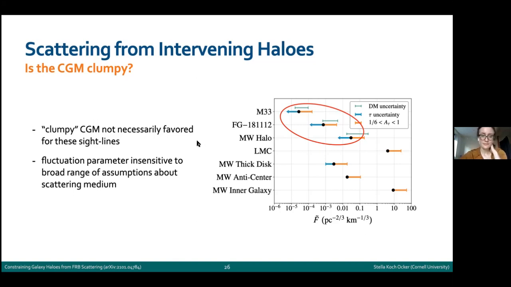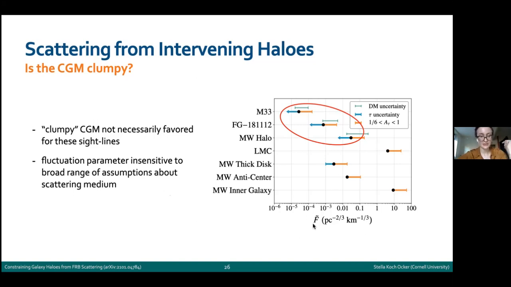And I also want to say that the fluctuation parameter is a fairly useful diagnostic for this because it's insensitive to a broad range of assumptions about the scattering medium, right? So you don't have to assume that the halo is cooler and clumpier or hotter and more diffuse in order to get a constraint on the fluctuation parameter.